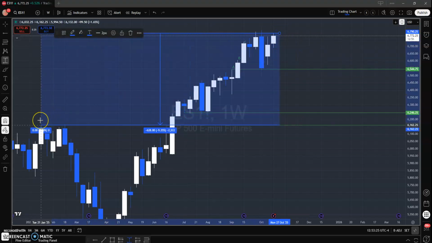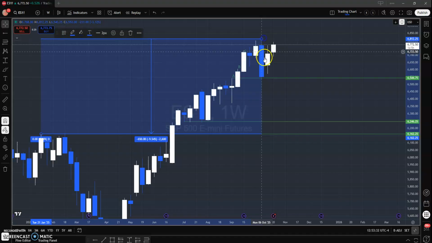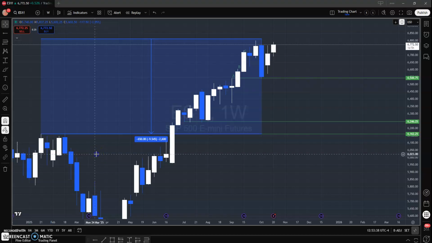Okay. So if you look, the reason why I suggested that we may use this level as a retracement is because, as you can see here, that's only 10%. And the market's corrections, if you know, are 5 to 10%.